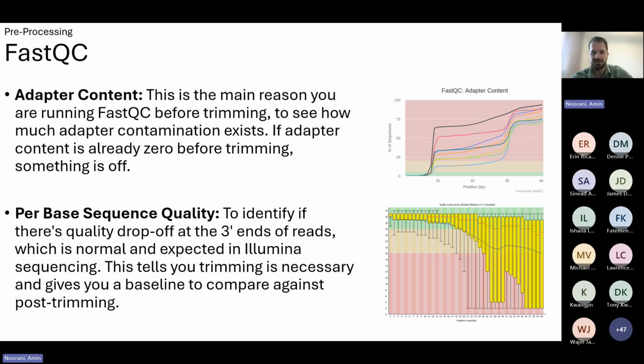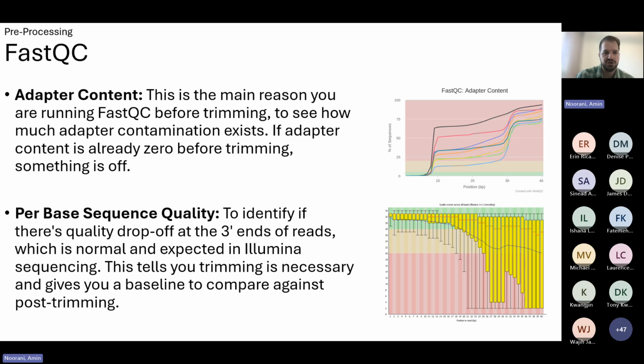Because if these adapter sequences reach the aligner, they won't map to the genome, and you lose a huge fraction of data. And there are tools that can handle all of this. I'm just saying it's good to see and compare before and post quality check step.